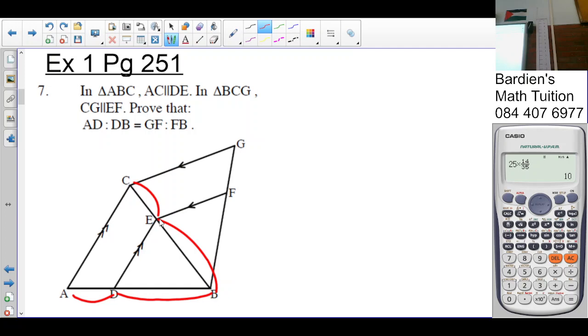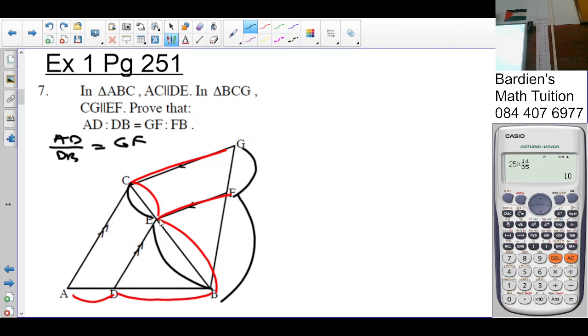Then in triangles BCD and BCG, if these lines are parallel, what do we know? That CE over EB is equal to GF over FB. The question says prove that. The same thing here, they could have said prove that AD over DB is equal to GF over FB.